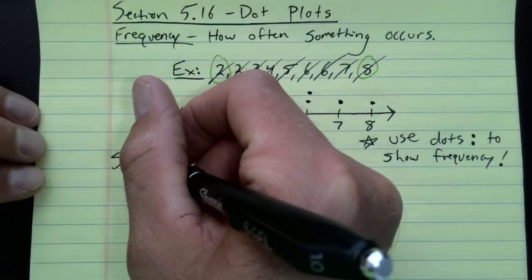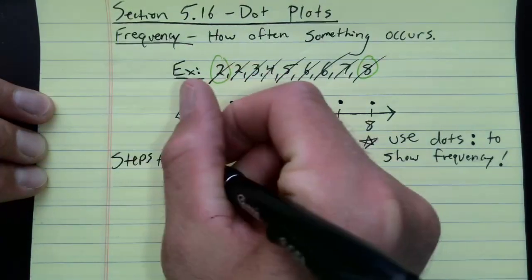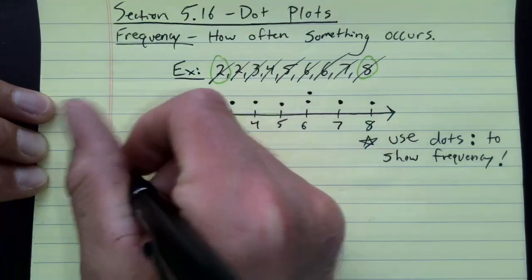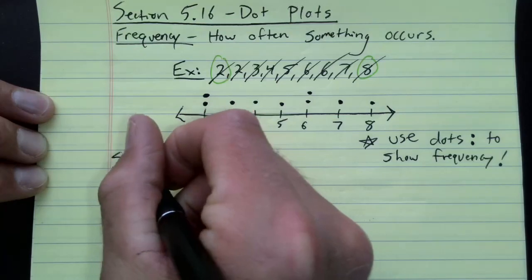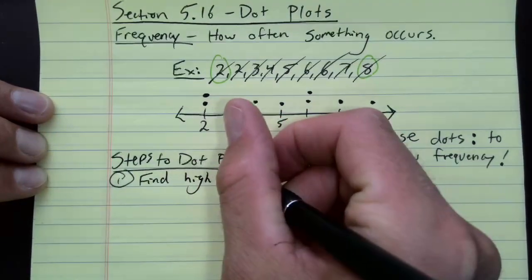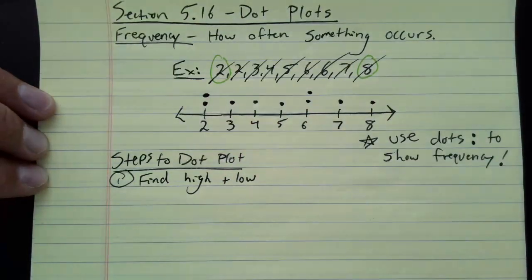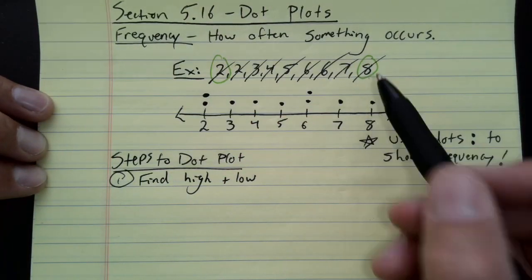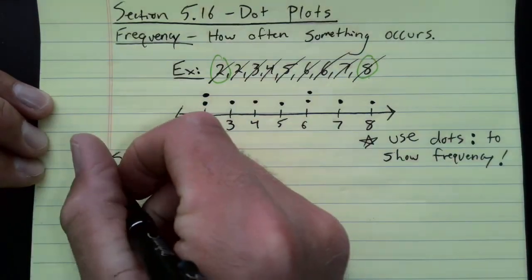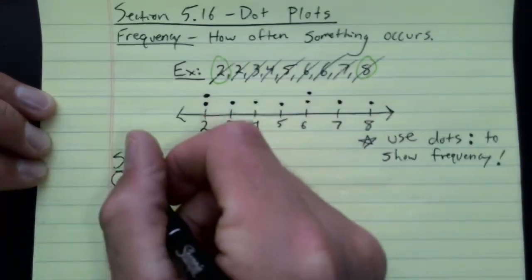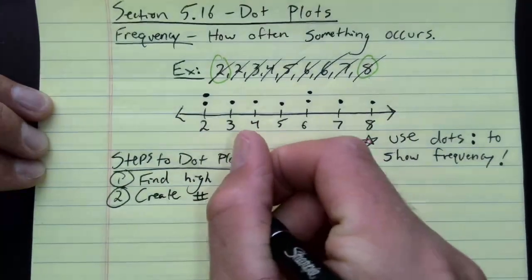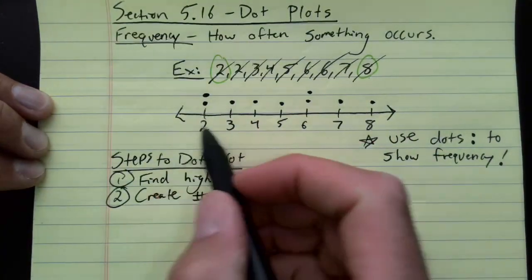Let's see a couple steps to dot plots. Steps to dot plot. Step 1 is to find your high and low. Your high in this example is 8, low is 2. Step 2 is to create your number line, just like what we did here.